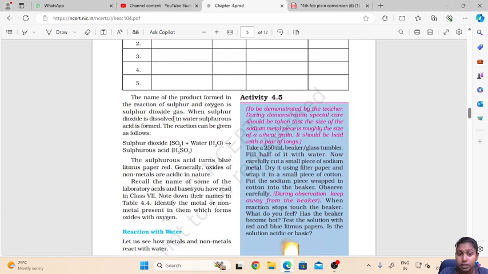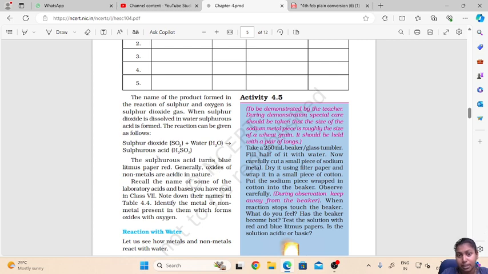This sulfur dioxide gas in water forms sulfurous acid. So when we dissolve sulfur dioxide gas in water, it forms sulfurous acid, and this itself says it's an acid. So sulfur dioxide plus water gives sulfurous acid. The sulfurous acid turns blue litmus to red.